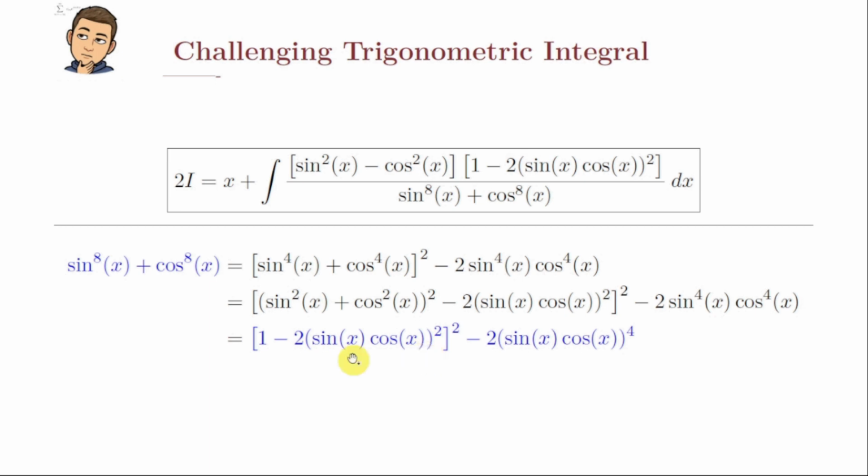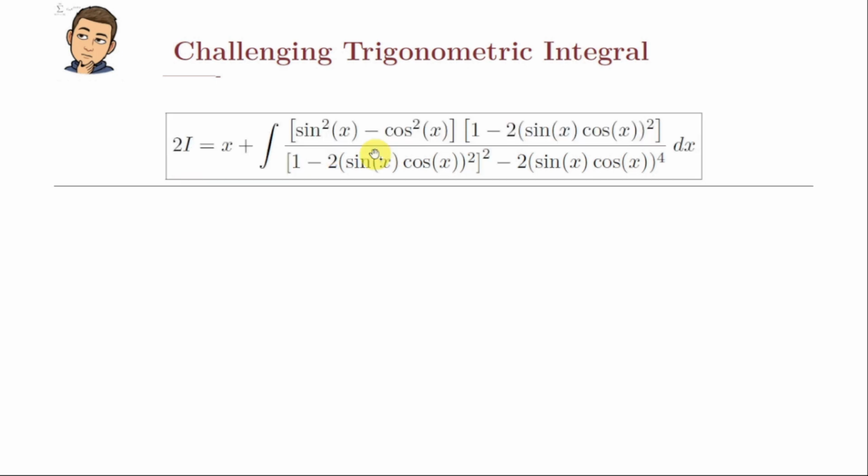Notice that in the denominator we have terms in sine times cosine, and in the numerator we also have sine times cosine, except for sine squared minus cosine squared. So the integral is this now, and it looks like we may want to use the substitution u equals sine x cosine x.